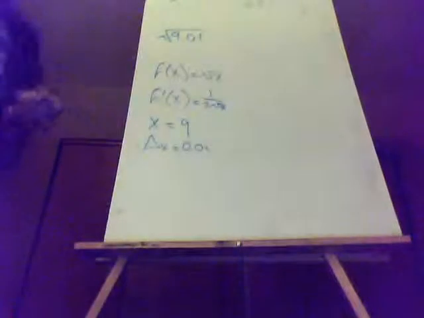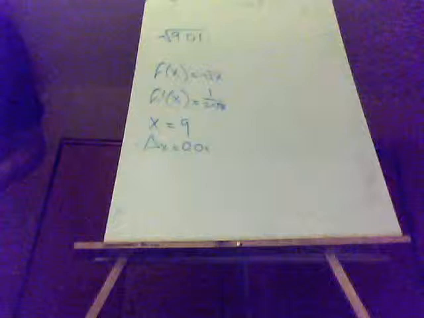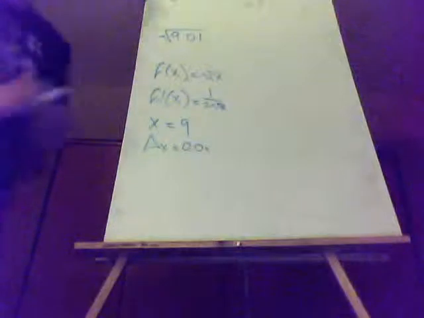Okay, we plug into that whole formula. So, here's what we get. The square root of x plus delta x is approximately equal to the square root of x. Hold on, I have to erase this.